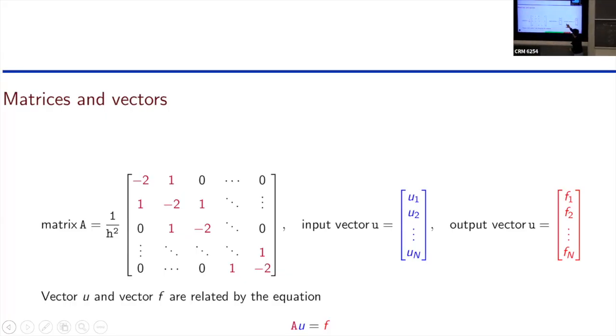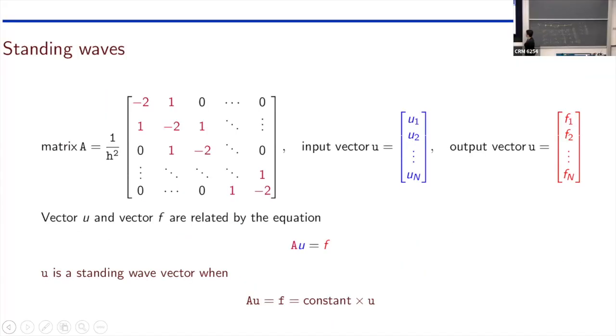The inputs are U1, U2, etc. I just collect them into a long, skinny object I call a vector. And then the numbers that come out on the right-hand side, I put them into a different vector. This should be F. So F1, F2, etc. So usually, the way to describe this business I did is to write it in this very succinct form.